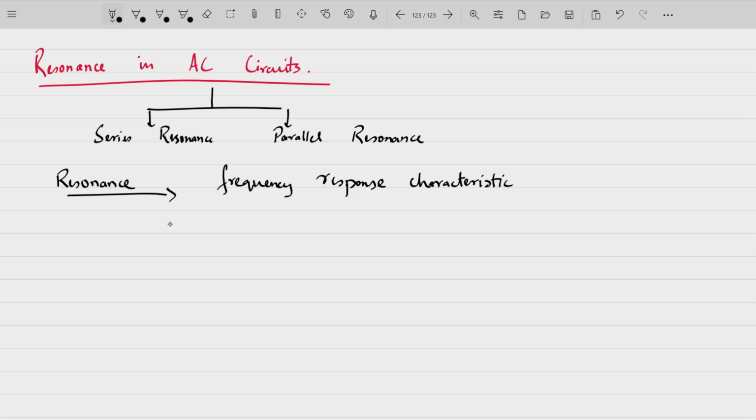Fine. Instead of these functions being a function of time, we'll be taking them in the frequency domain and understanding how they are behaving with respect to frequency. As frequency changes, how the amplitude or the phase of such systems is changing. Fine.